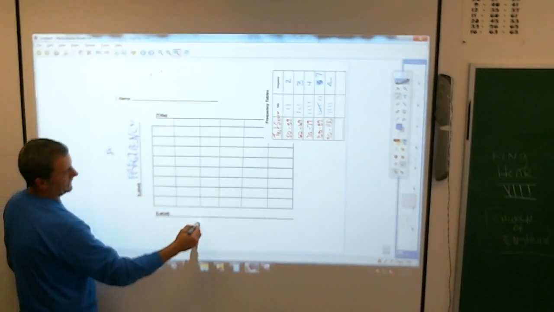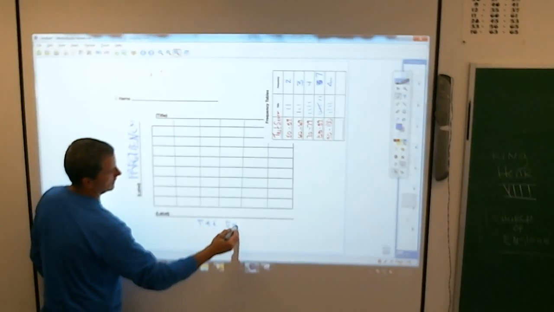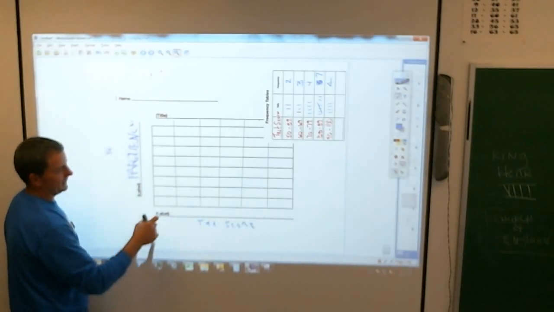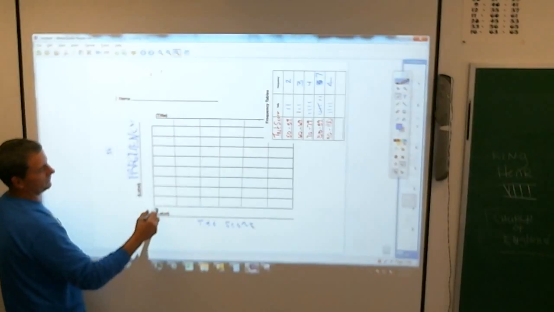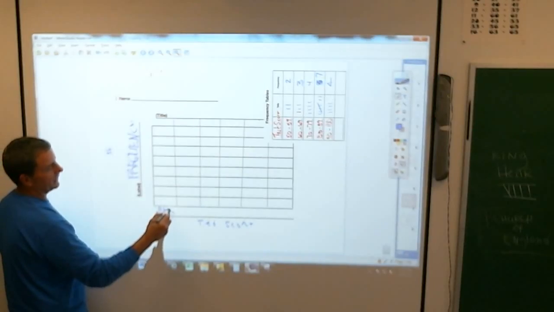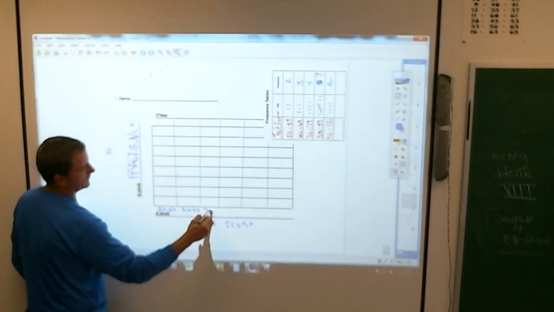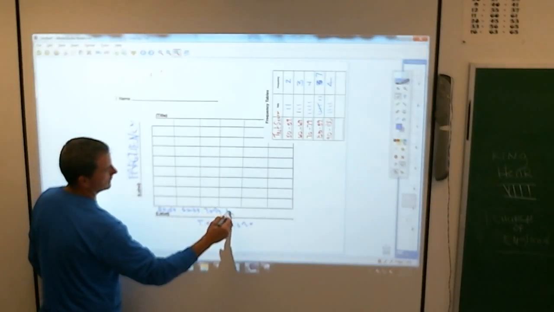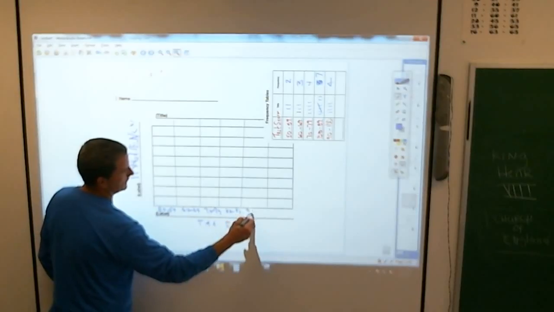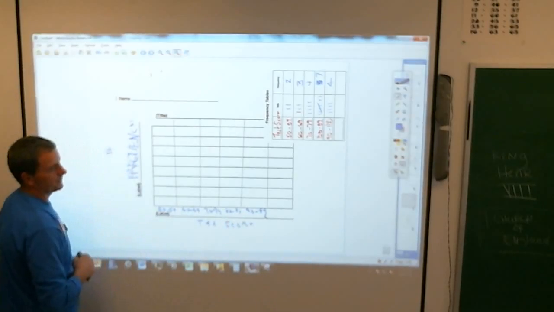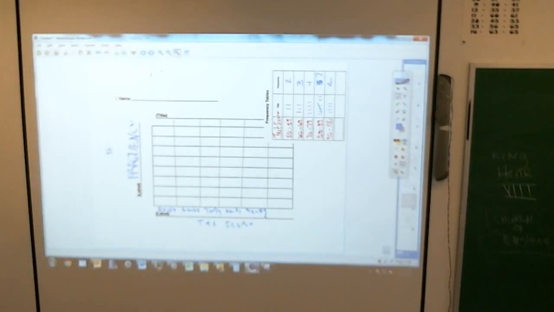And down here are the actual test scores. And in the space is where you would write the 50 to 59, and then the 60 to 69, the 70 to 79, and the 80 to 89, and the 90 to 99. That's what each bar would represent there.